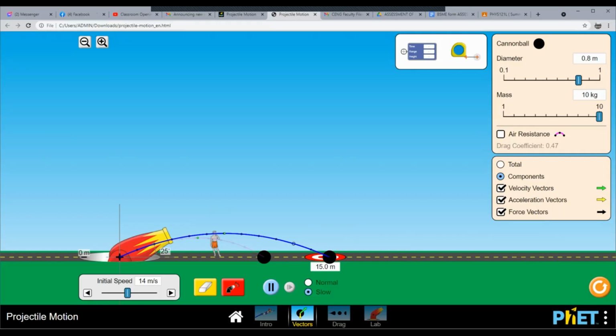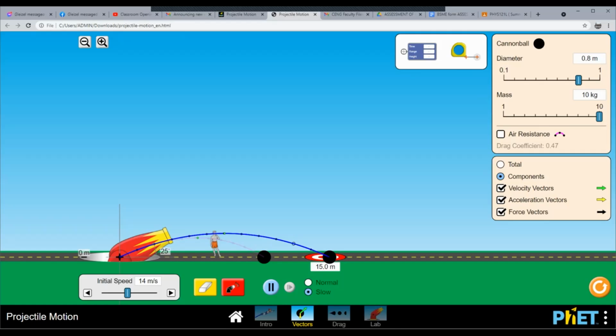what can you conclude? Kahit na anong mass at diameter po siya, basta wala pong air resistance ay hindi po nagbabago yung position.